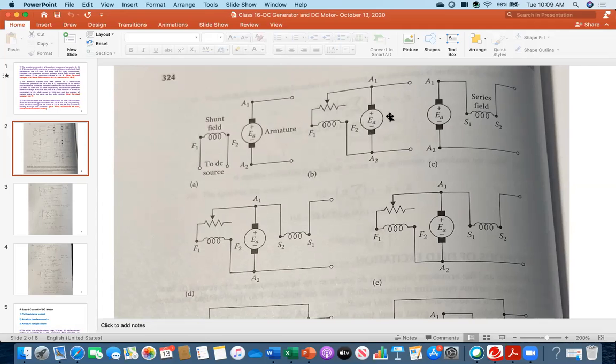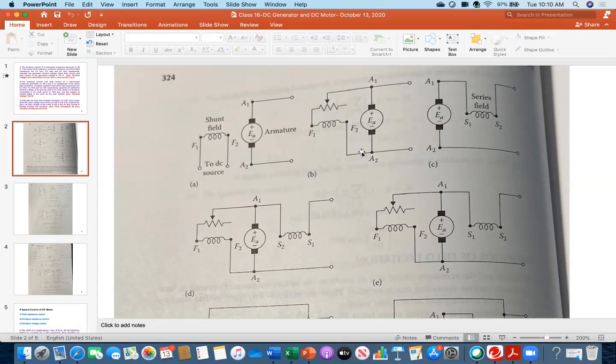Keep in mind, because we are treating this one as a motor, definitely applied voltage VT will be greater than the back voltage. So EA is the back voltage or back EMF for a motor. When it is a generator, EA is the induced voltage or generated voltage, and VT is the terminal voltage. But for a motor, EA is the back voltage, which will be developed once the motor has started rotating.